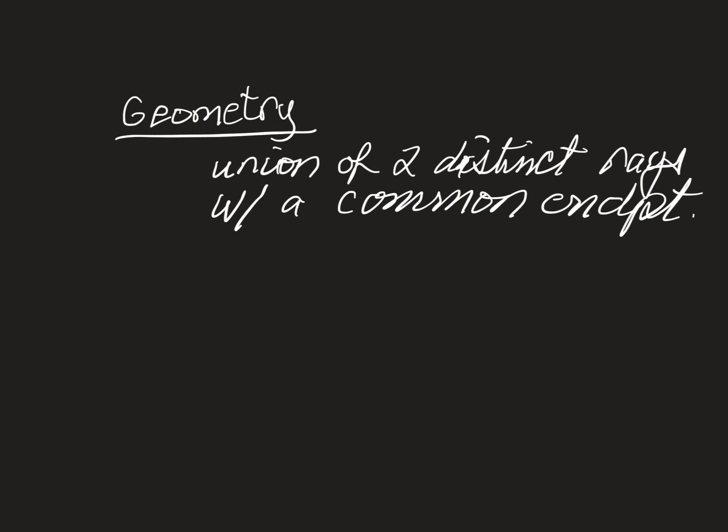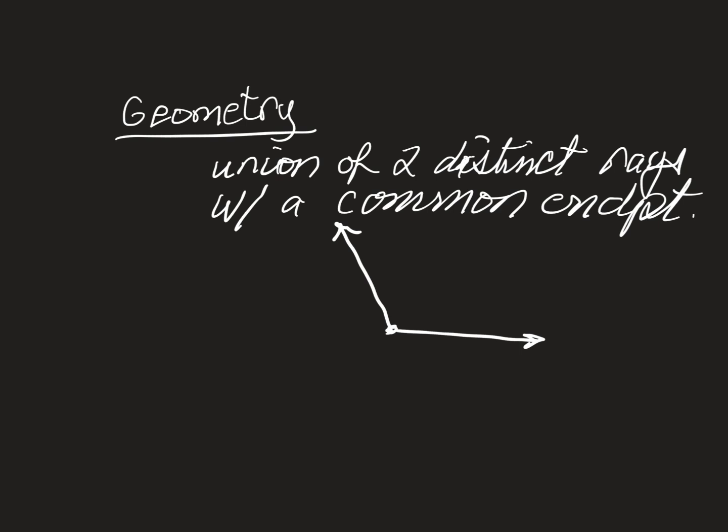So when I say two distinct rays, that means I need two rays that go in completely different directions and they have a common endpoint. So this would be considered an angle, just the rays and the common endpoint.